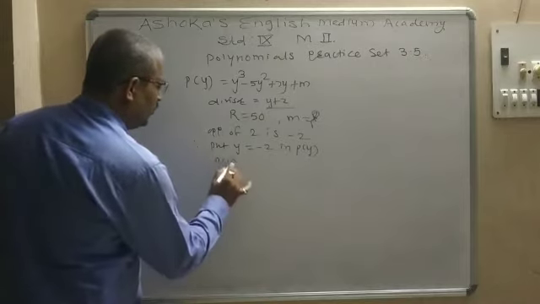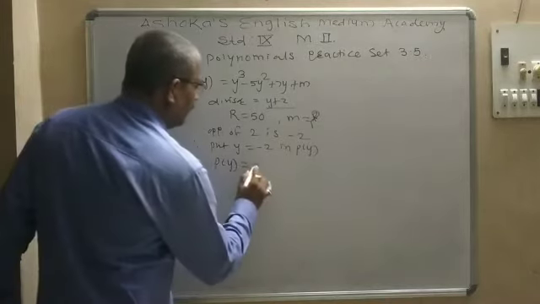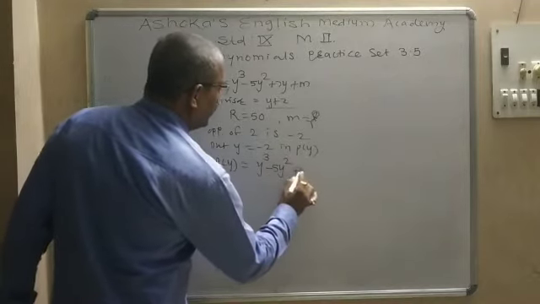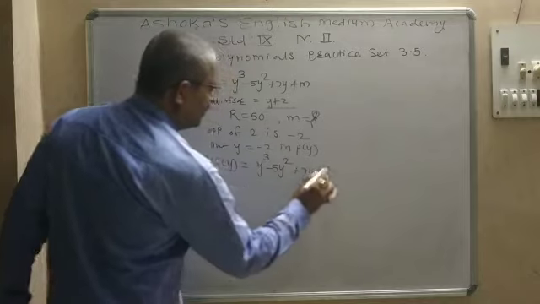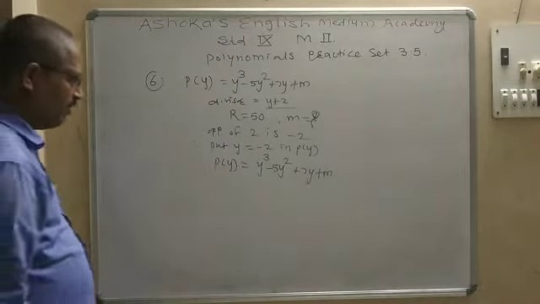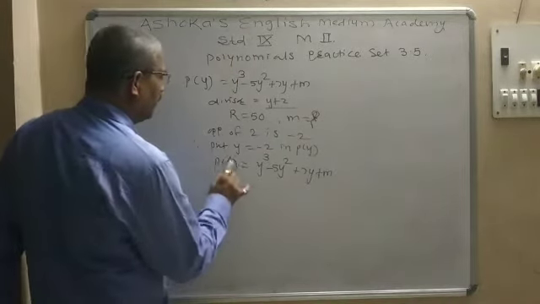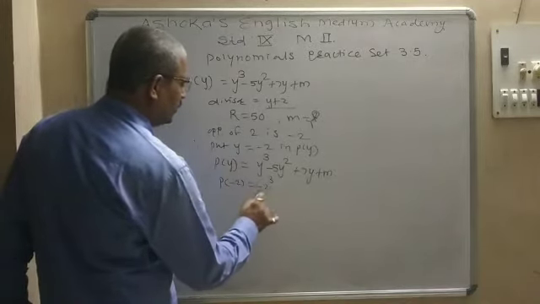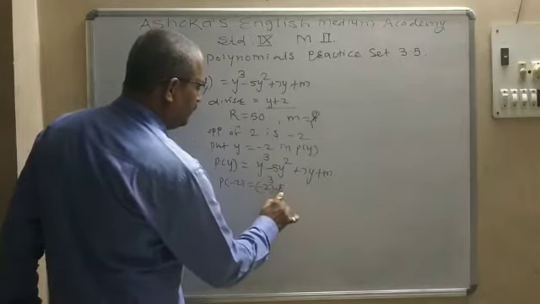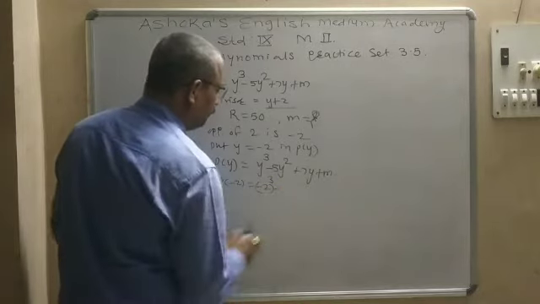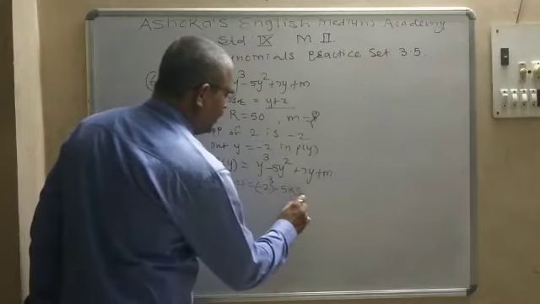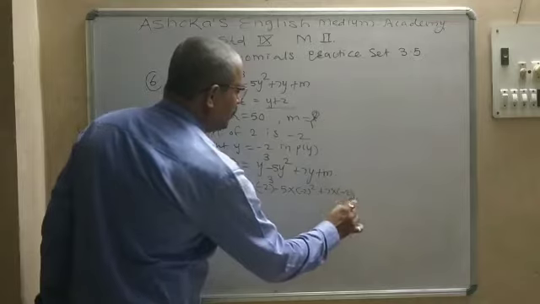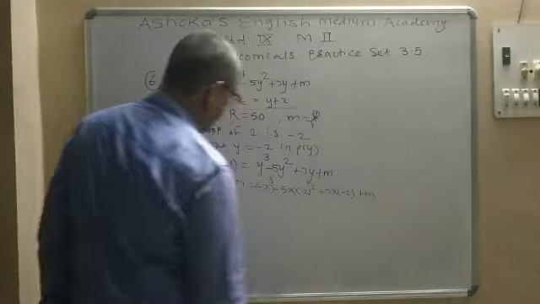Py is equal to y raised to 3 minus 5y square plus 7y plus m. Now P of minus 2 is minus 2 raised to 3 minus 5 into minus 2 square plus 7 into minus 2 plus m.